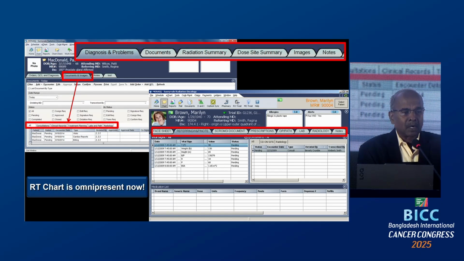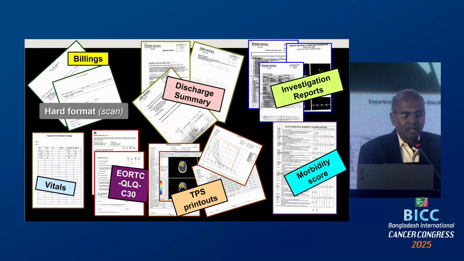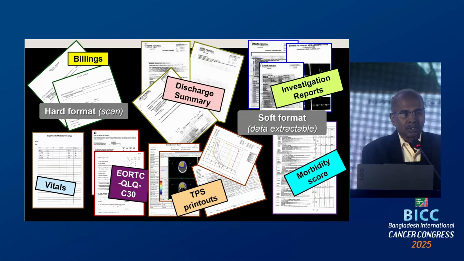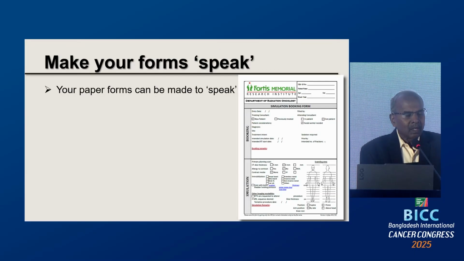There's no need for you to chase behind the physical RT chart. It is right available on your desktop. And into that, you can bring the documents either in hard format like scanning, or better, if you are able to get it in soft format, so that you will be able to use the data available in these documents and make your forms speak, in the sense that in our paper-based workflow, we develop forms like this for simulator.